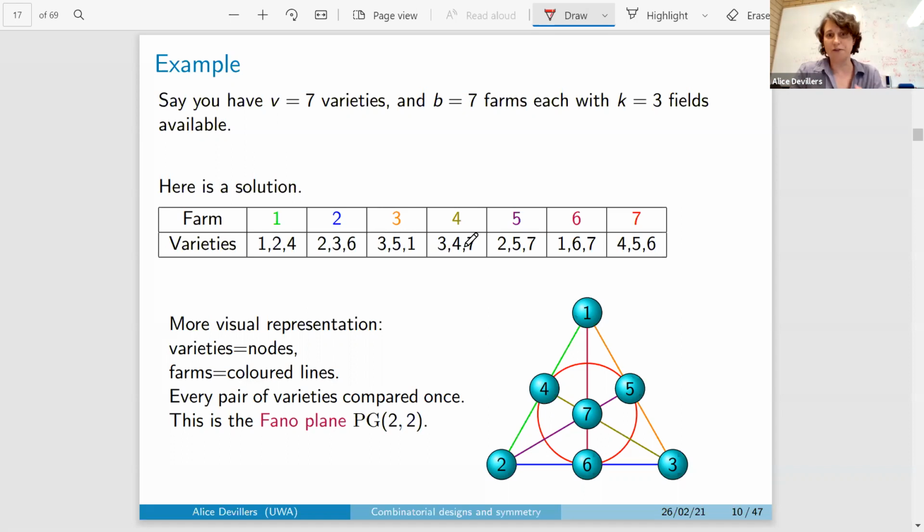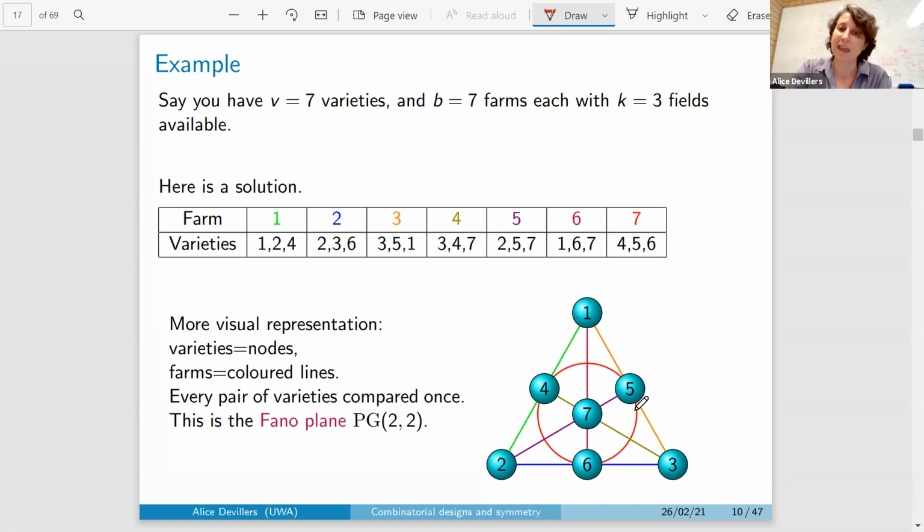You can have a more visual representation of this. Here in this picture, I have written the varieties as the nodes, and the farms as colored lines. I don't really mean a Euclidean line. I just mean the 3 nodes are linked together. For instance, here it looks like a line, but this red circle I also consider a line or a block.